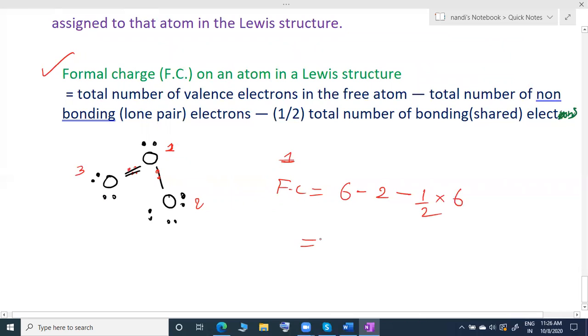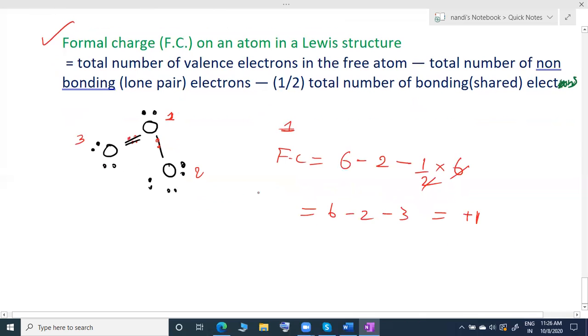How much are we getting here? This is 6 minus 2 minus 3, so in total we get 1. Is this positive or negative? Plus 1. So the charge on oxygen atom 1 is positive. That's what you need to find out.